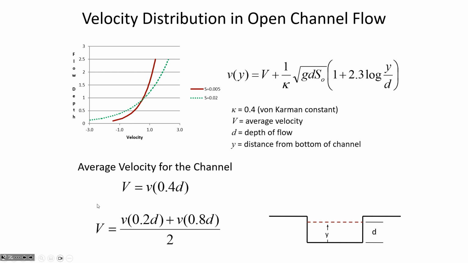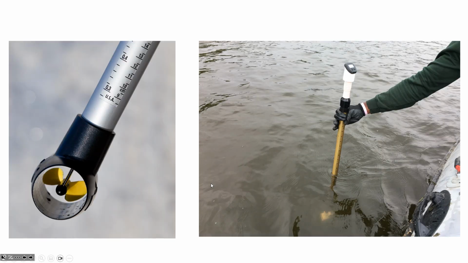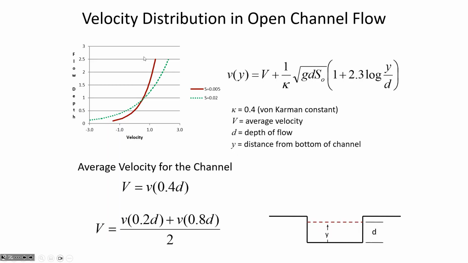So these two would be used if you did have data from one of these, or you otherwise knew the flow velocity at a certain depth. This equation would be if you know the average flow velocity and you want to estimate the velocity at a given depth. So any questions?